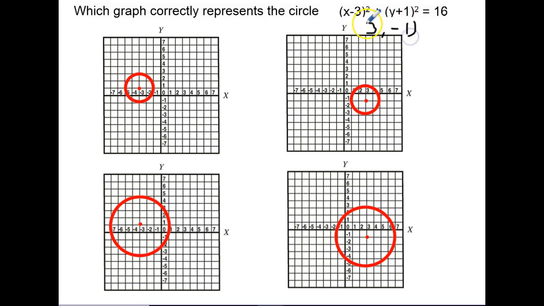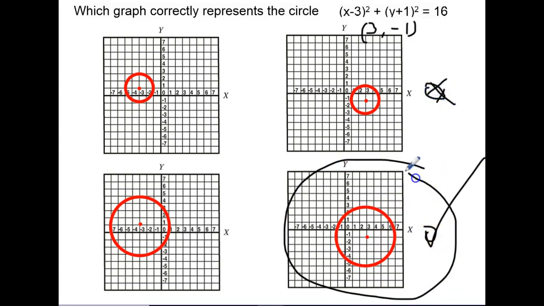Well, that means that it's got to be either this one or this one. These are the ones that have centers of the circle at 3, -1. It also tells us that r squared is 16, so the square root of 16 is 4. I'm looking for the one that has a radius of 4, which leads me down to this one. He is our winner, and this one is the one that goes by that equation.